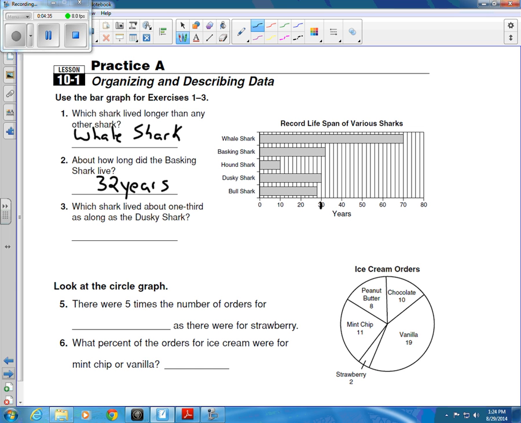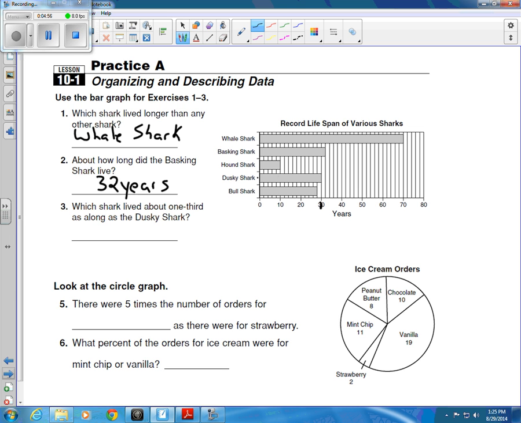We're looking for a shark that lives about 1/3 of the dusky shark. We know that dusky shark lives 30 years, which means 1/3 of 30, of means times, 1/3 of 30 is simply 10.